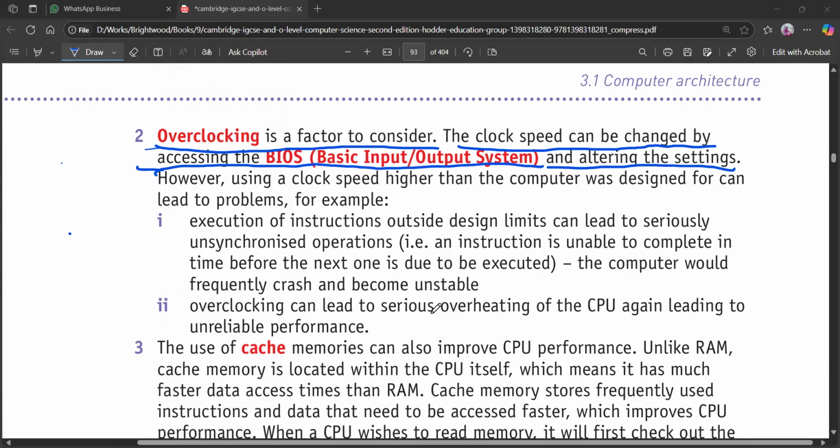Can you write down that underlined part? With the BIOS, it can be changed. Definitely it can be changed by accessing this.